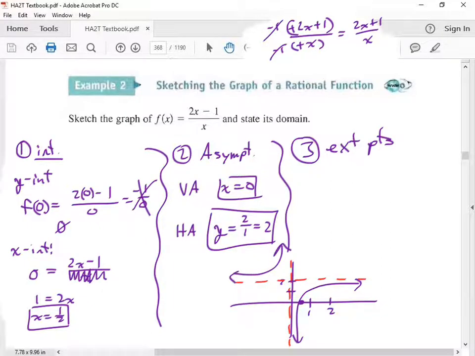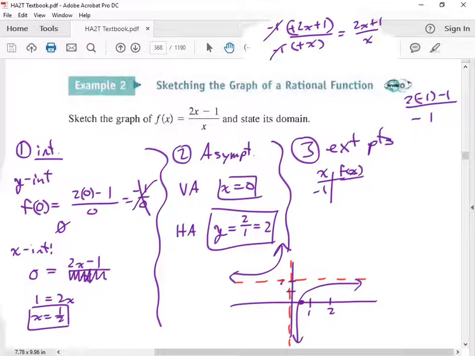But in order to be exact, let's pick a point on the left side of our vertical asymptote. Is this an f? Yeah, it's an f of x function. Let's pick negative 1. If I pick negative 1, what do I get? Let's plug in negative 1 to this: (2 times negative 1 minus 1) over negative 1.